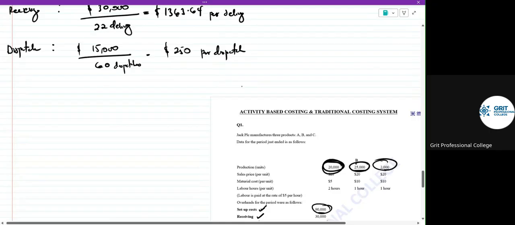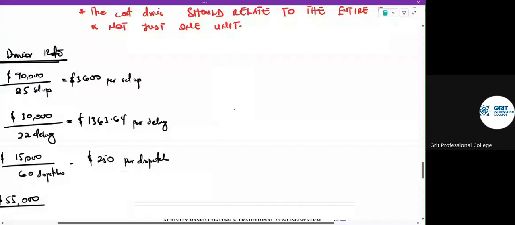Then we come to machining, and that will be 55,000 divided by what? The total machine hours.